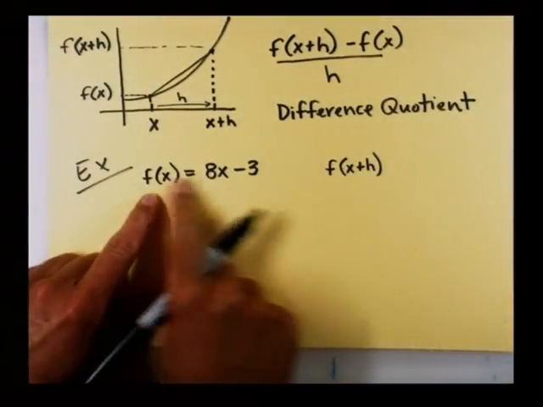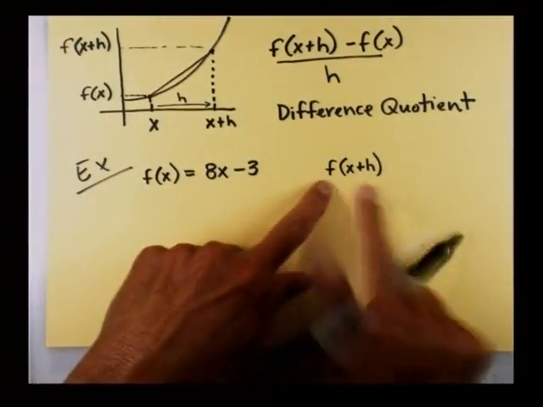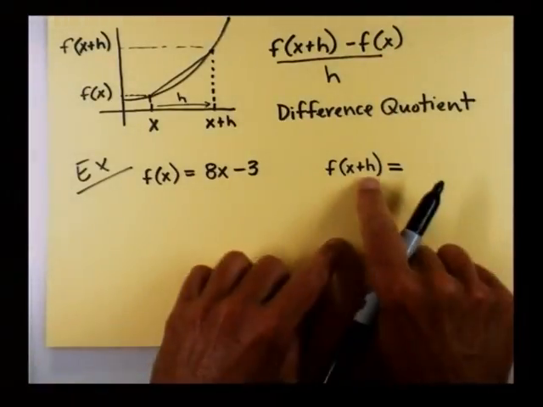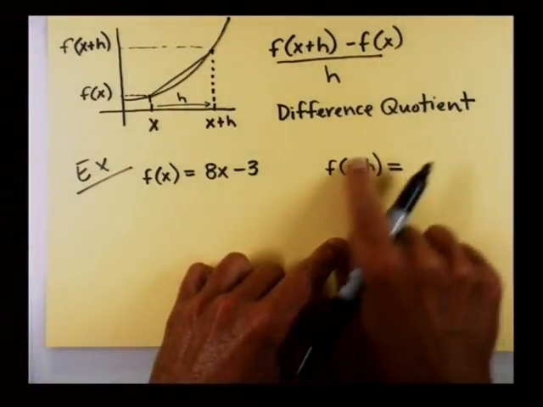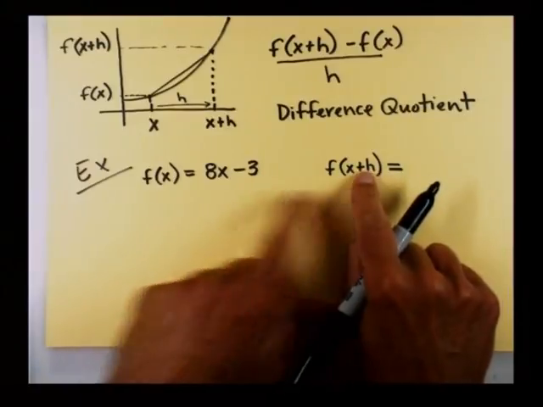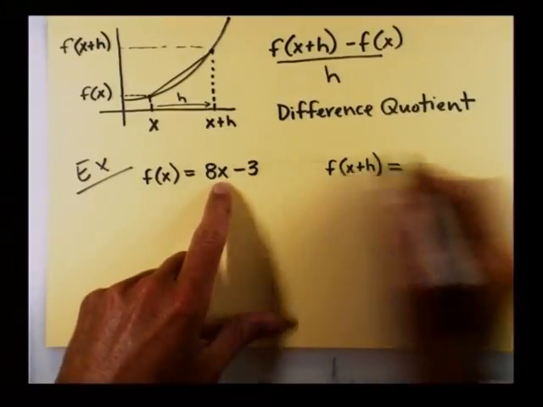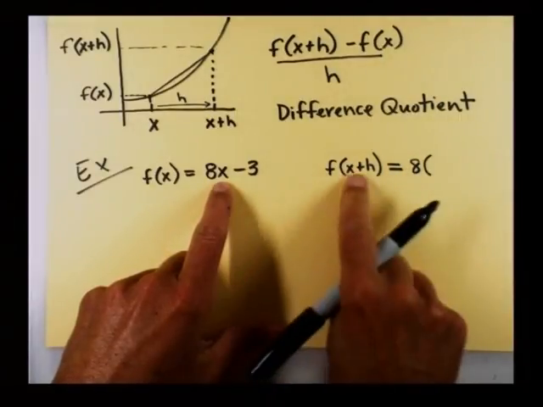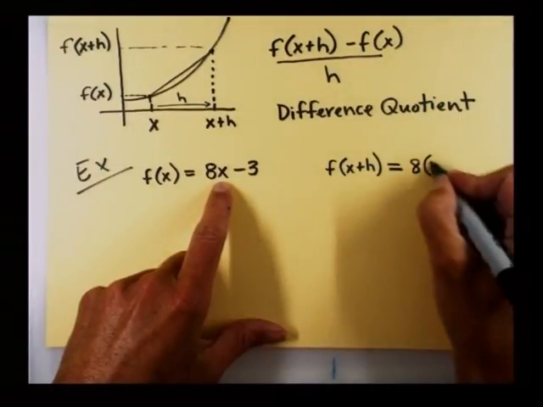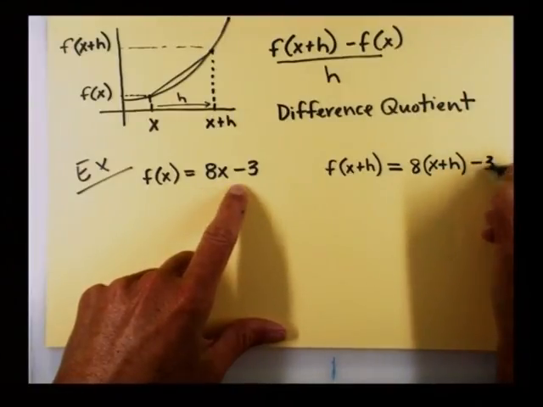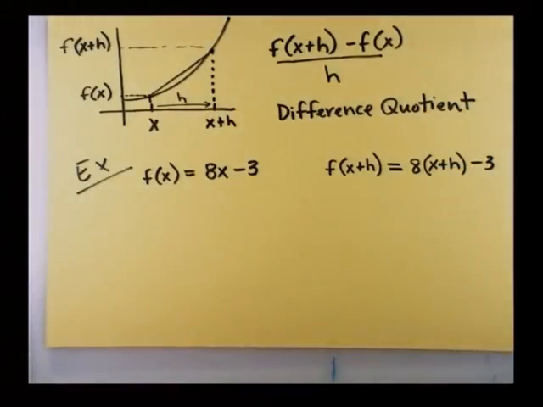Well, I already have f of x right there, so let's see if we can figure out f of x plus h. Function notation. That means this stuff is what's going to get plugged into my equation for x. So 8, this goes in place of the x. And now I'll simplify that.